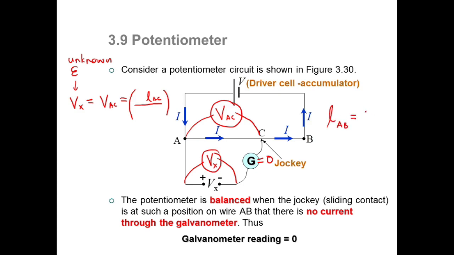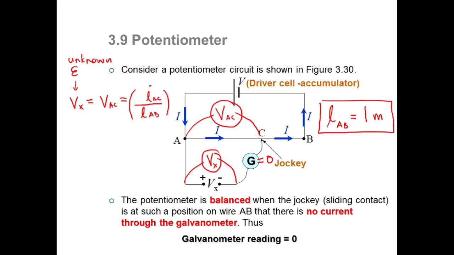Normally we use 1 meter. It is already planned that the length of AB must be 1 meter. So normally we put 1 meter, but if the value of AB is different, we just put length AB.